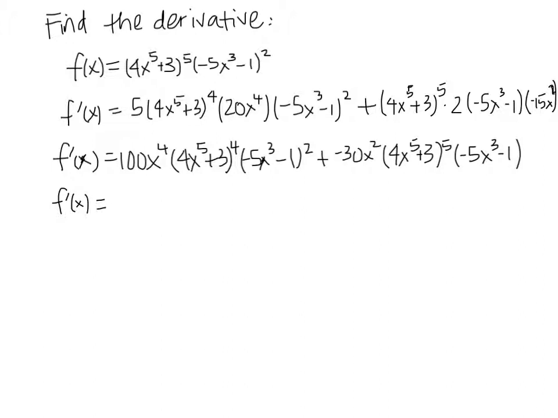Okay, so looking at the first pieces as 100x to the 4th and 30x squared, what do they have in common? 10x squared. Good. Anything that can be divided into both numbers, 10 is divisible, 100 is divisible by 10, 30 is divisible by 10. Nothing bigger goes in evenly.